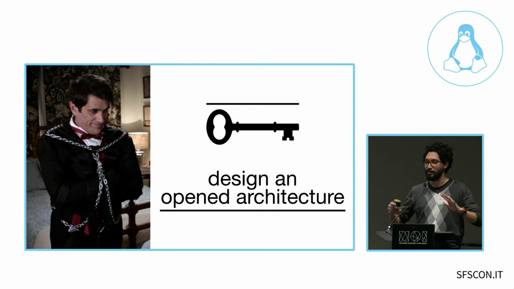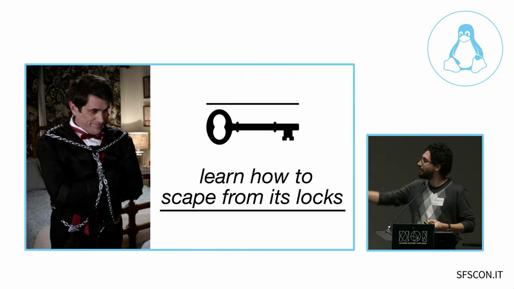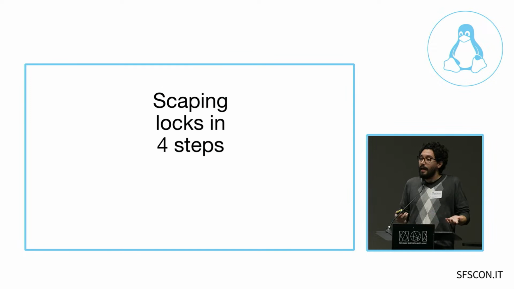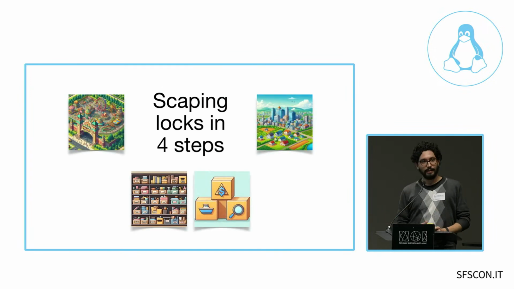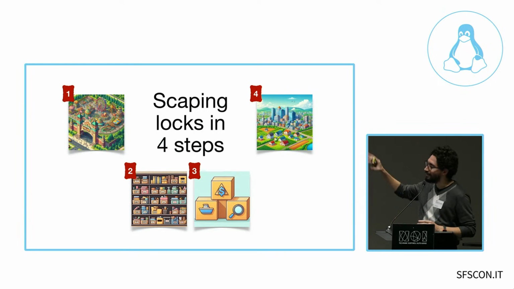Or we could put this same phrase in another wording: learn how to escape from locks, as we can see in this picture of this magician with the tricks and the locks. So how can we escape these locks? In this talk, I'll talk about 4 steps, and they are represented by these very nice images that I could generate using AI. So let's see.